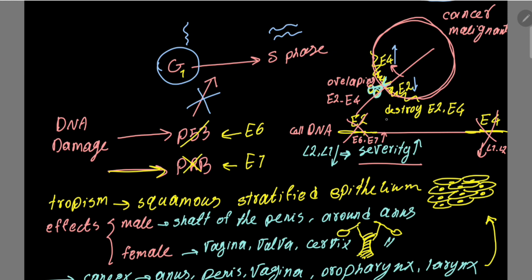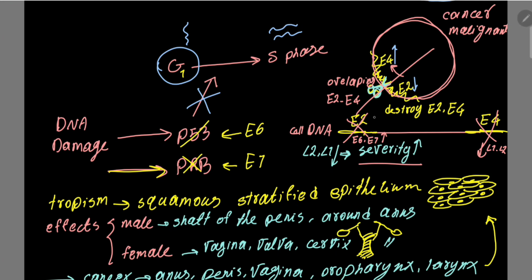E2 and E4 have some overlapping, so part of the E4 gene is going to be in one part, and part of the E2 gene is going to be in another part. So it's going to be a linear genome in which E2 and E4 are destroyed and not complete on each side. So we will lose the E2 and E4 genes, which were the regulatory ones and the good ones.